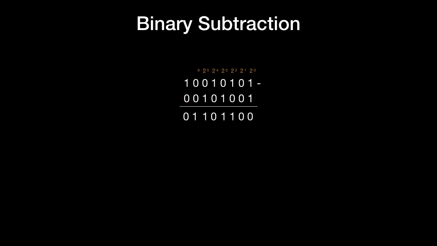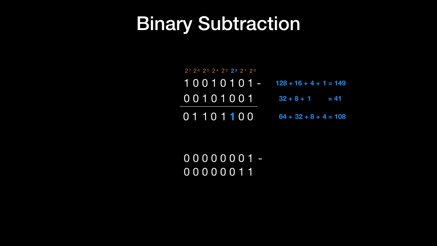Let's do the counter check in the decimal system. So 149 minus 41 equals 108. That's correct. Let's do another example.